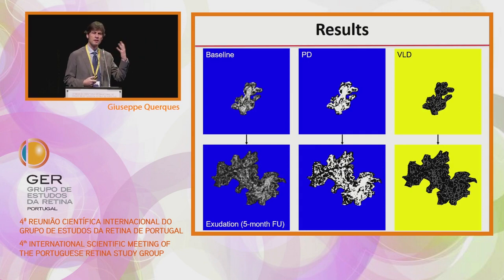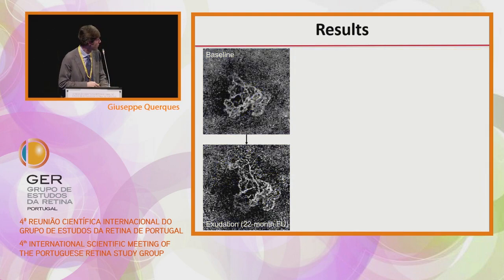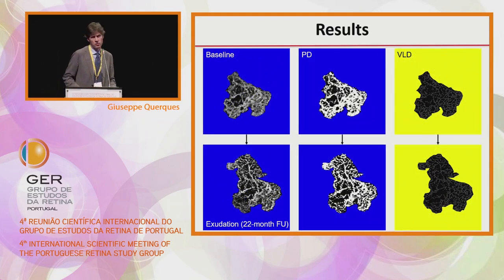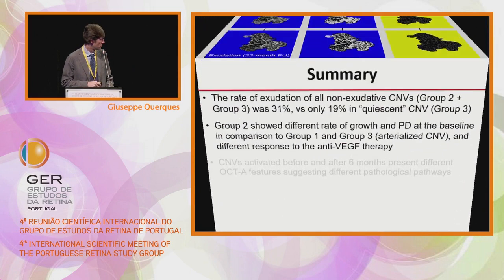This is why they show exudation early, and this is why they also need many injections during the first year of treatment. Okay, and group 3 is more or less the same as group 1, so a real quiescent with a small packing of vessels, and this is also the reason why you don't need many injections during the first year of treatment.